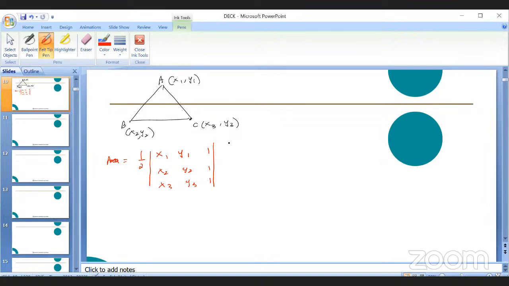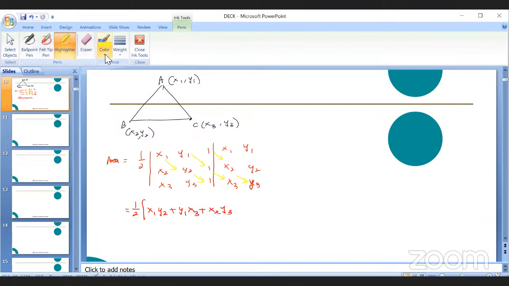But then, how will you find the determinant? One easy method I told you: write the first column and second column again, repeating them like this: x1, y1, x2, y2, x3, y3. Then you have to multiply this way, 1, 2, and 3. So what will I write here? Half outside: x1 y2 plus y1 x3 plus x2 y3.